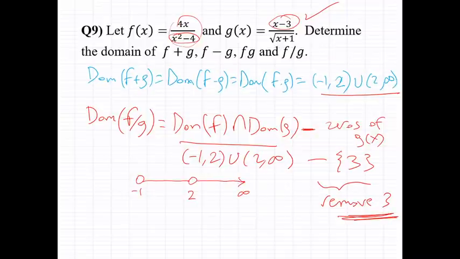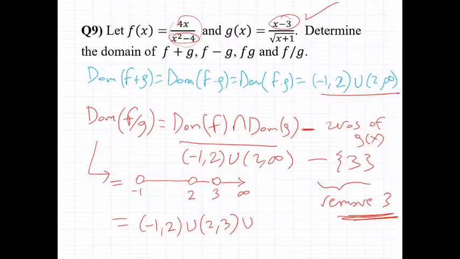Then you remove 3, so you find 3 here and you make a hole there. It means you remove this point, and now we have this domain: minus 1 to 2, union 2 to 3, and 3 to infinity. And this will be the domain of f over g.